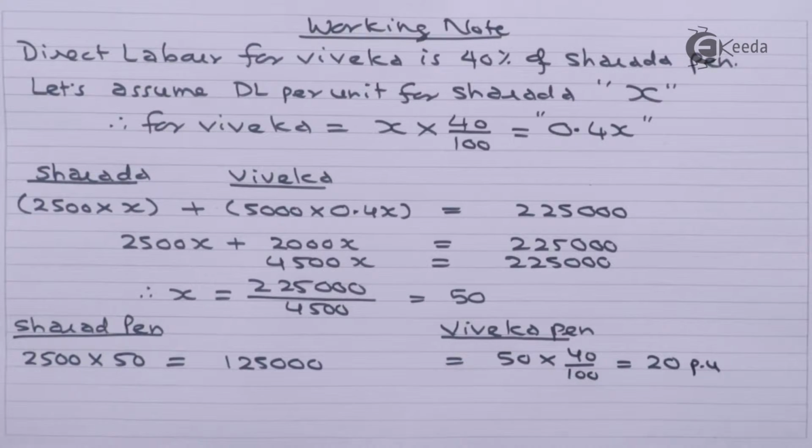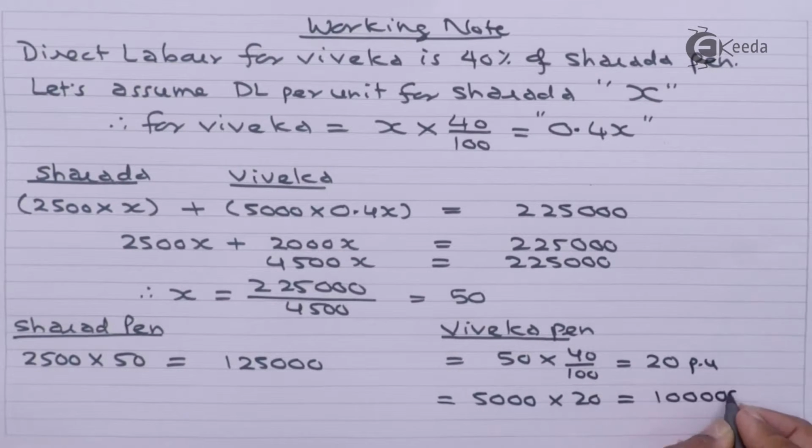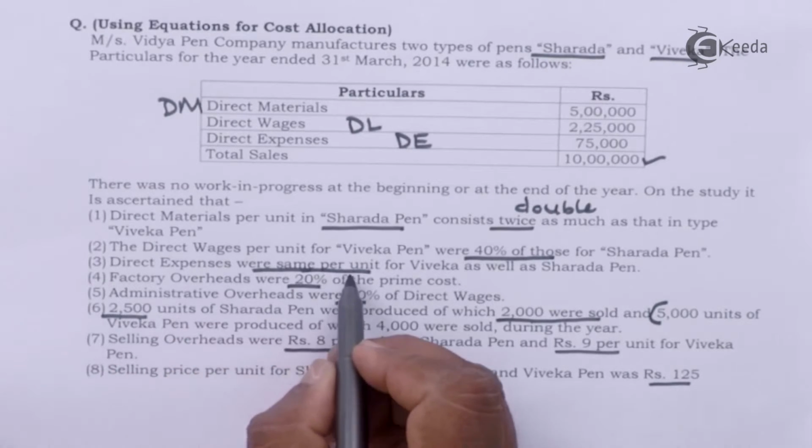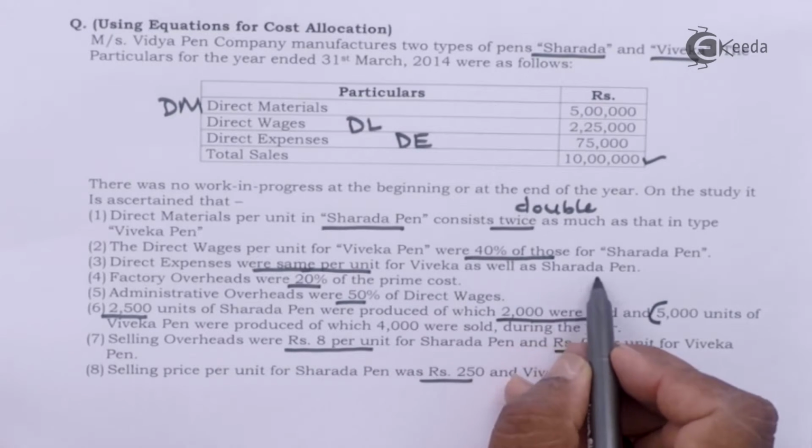So it will be rupees 20 per unit. 5000 units are produced. 5000 multiplied by 20. Total amount of direct labor in case of Viveka pen is rupees 1 lakh. In case of Sharda, 1,25,000, Viveka 1 lakh, 1,25,000 plus 1 lakh, it is 2,25,000. Direct expenses were same per unit for Viveka as well as Sharda pen.